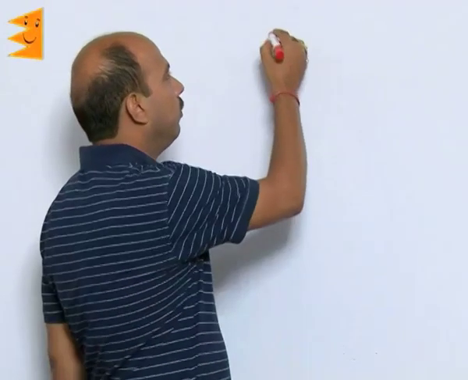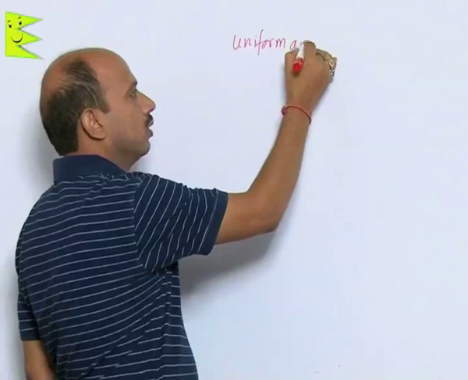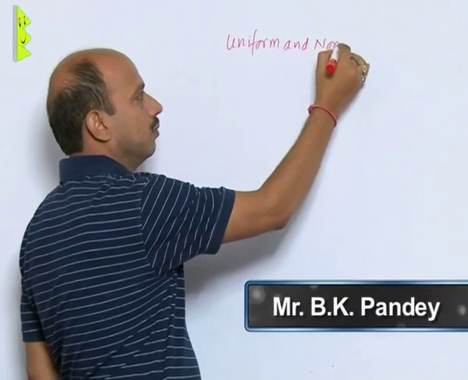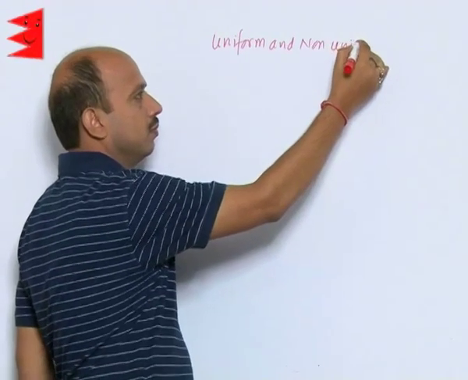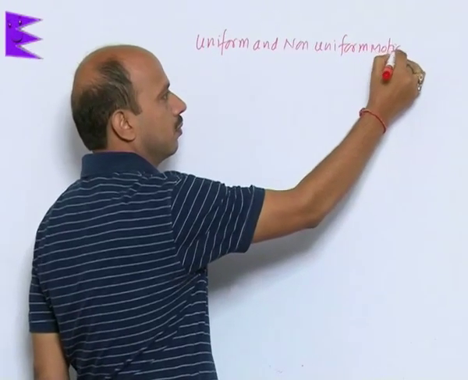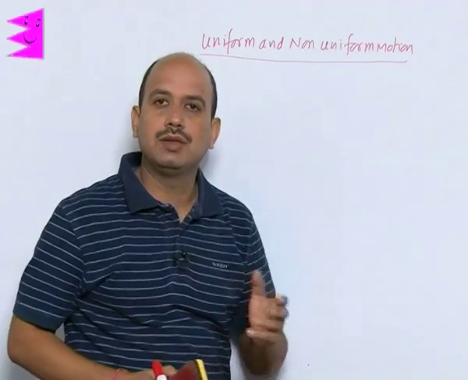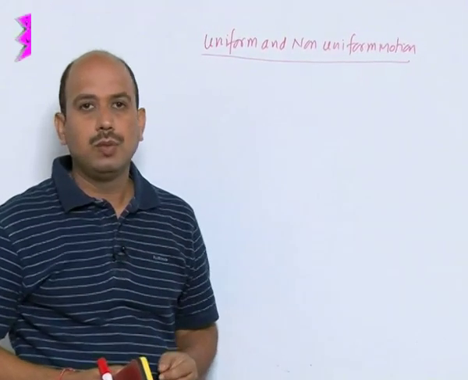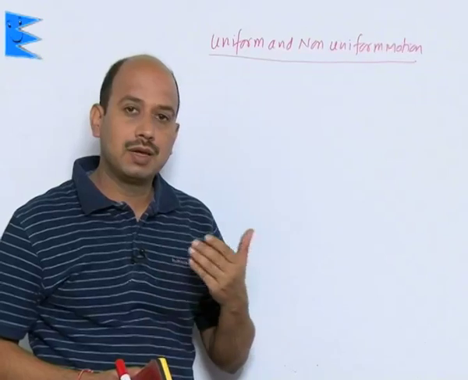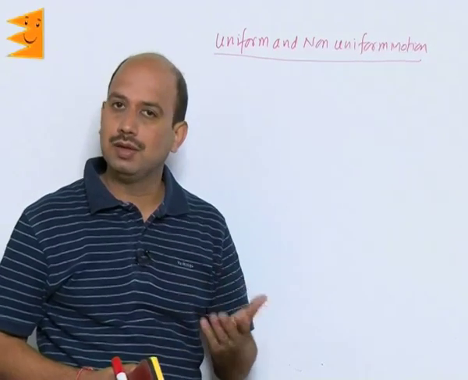Now see uniform and non-uniform motion. See, we have done speed and velocity. Every time we have taken constant speed and constant velocity, but in daily life it is not obtained.